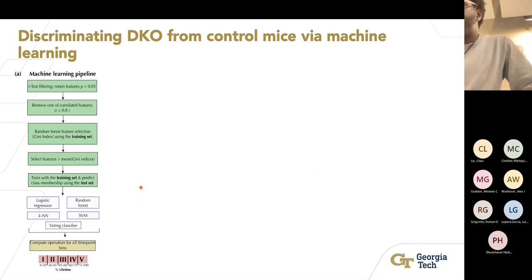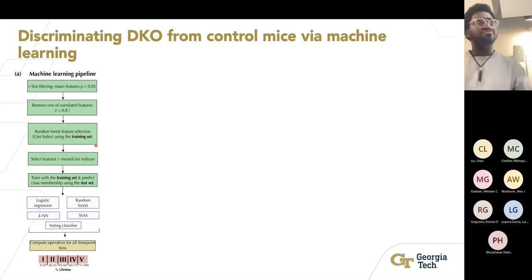Okay, another thing that was done was to see if we can discriminate between DKO and the DKO control mice, that's the ovarian cancer and the non-ovarian cancer mice, over time using those bins. So basically we have a feature selection, like removing redundant features, t-test filtering.